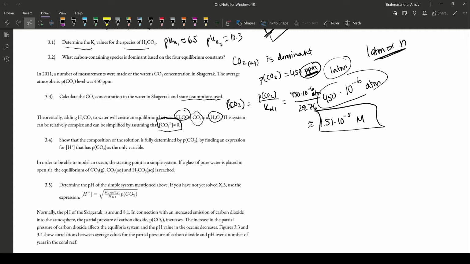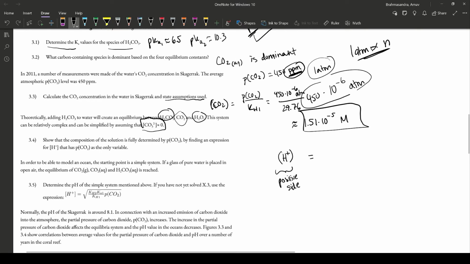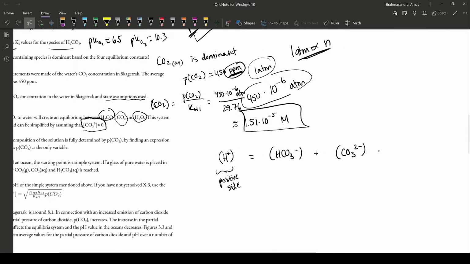So we look at our positive stuff and we look at our negative stuff. Our only positive thing in solution is hydrogen ion. So our H plus concentration, that's our positive side, is equal to, now we've got to look at our negative side. Our negative side has the HCO3 minus plus carbonate plus our hydroxide.